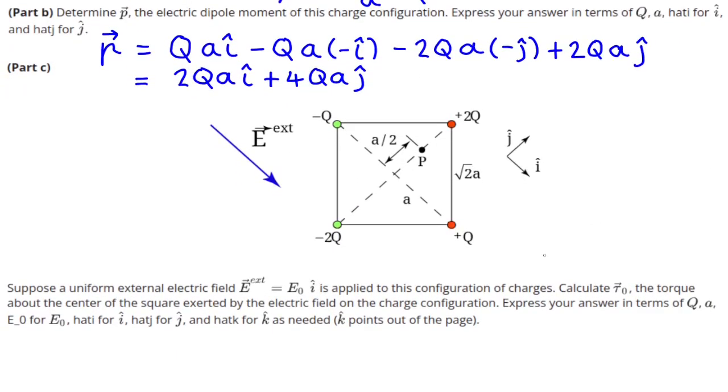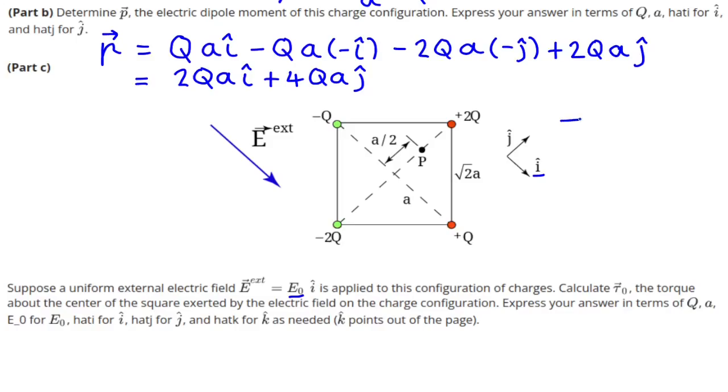And now let's go to part C. Suppose a uniform electric field having an I component E0 is applied to this configuration of charges. Calculate T0 being the torque about the center of the square exerted by the electric field on the charge configuration.